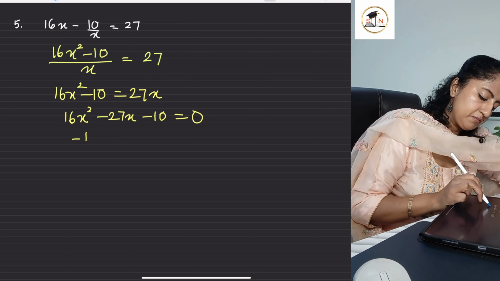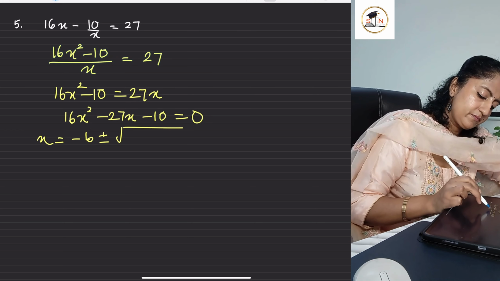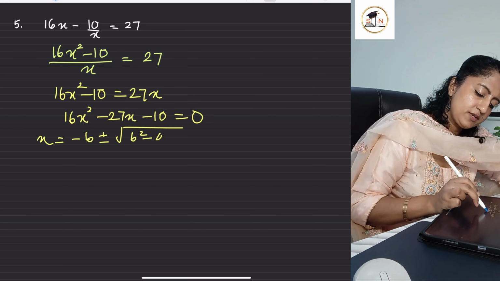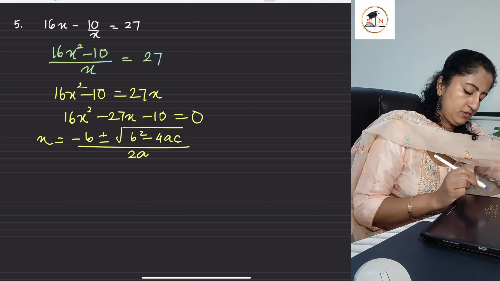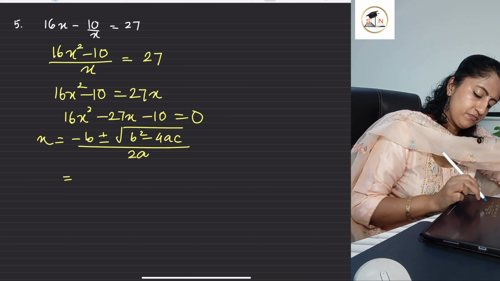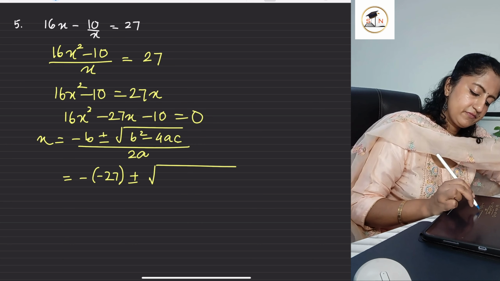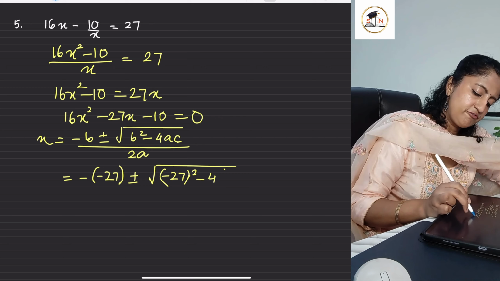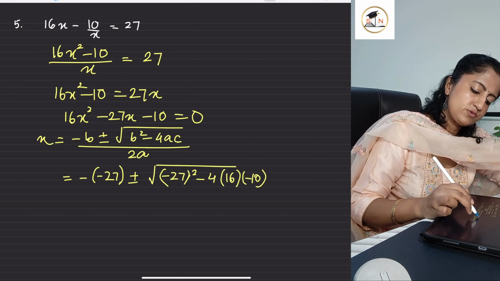So applying that, we can write x equals minus b plus minus the square root of b squared minus 4ac, whole over 2a. Now b is -27, so writing it like this using brackets, (-27) whole squared minus 4 times 16 times minus 10. This is what we get.